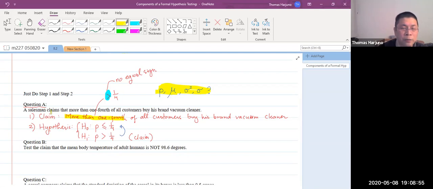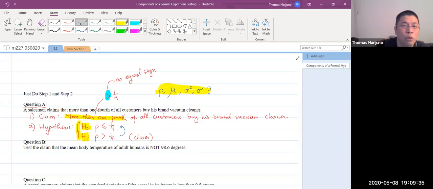If they say the claim in the form of a question, then we need to rephrase it as a statement, not as a question. Once we're done with the claim, then we do the hypothesis. Again, the hypothesis should be written using a brace on the left-hand side, with the null hypothesis and alternate hypothesis stacked up. Then you have the parameter, inequality sign, and constant.